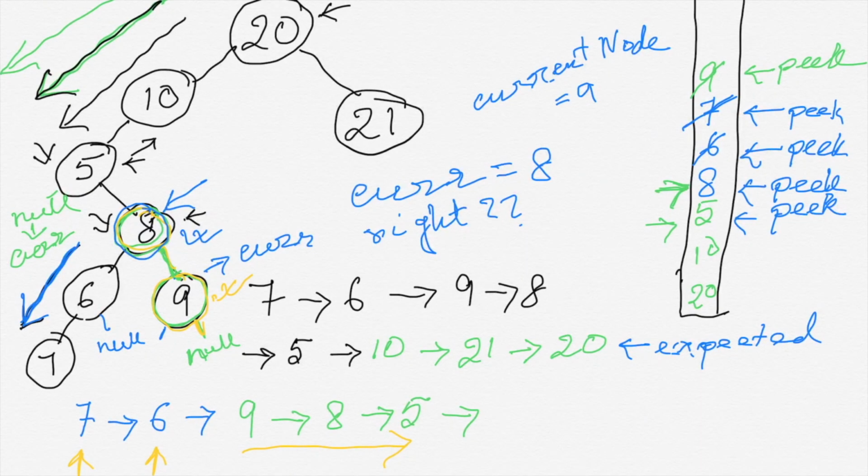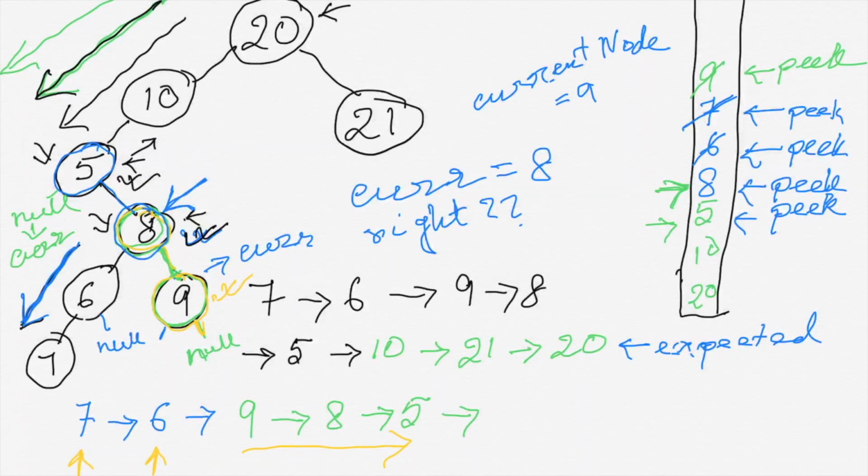We are at 8. We now check if 8 is the right child of any node or not. Yes, 8 is the right child of 5. So we print 8 and we move on to 5. We see whether 5 is a right child of any node or not. We see no.